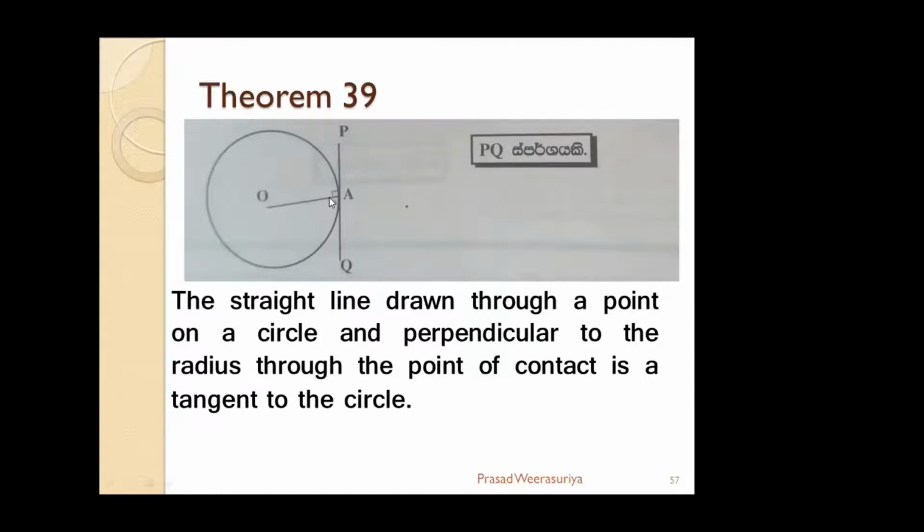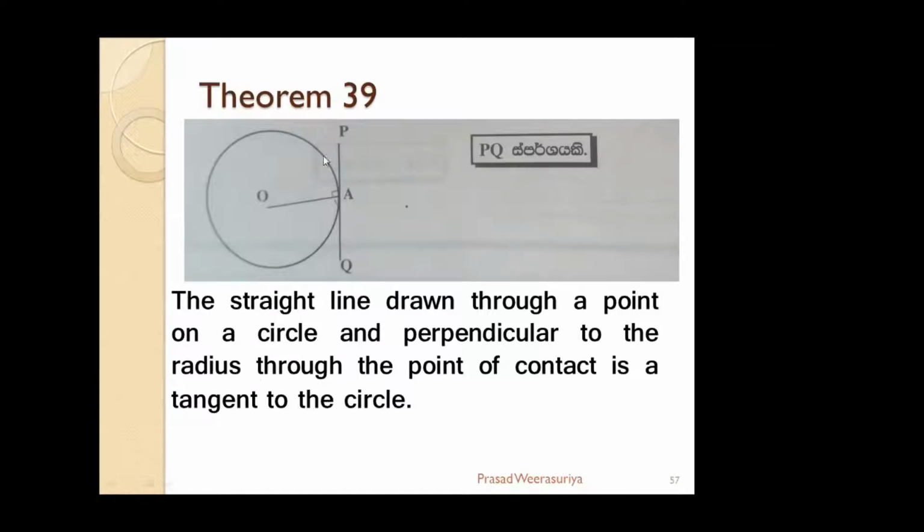Then that line is called the tangent and that point is called the point of contact. Point A is called the point of contact. So the line perpendicular to the radius through the point of contact is a tangent to the circle. PQ is therefore a tangent.